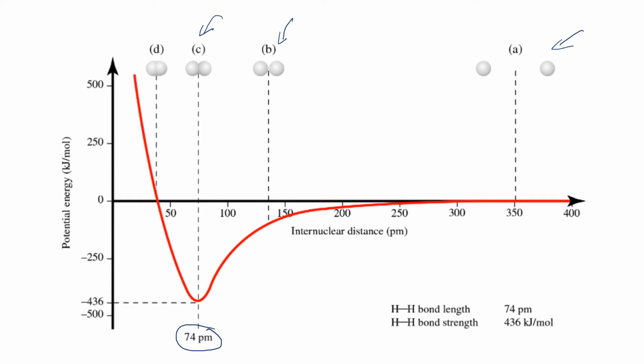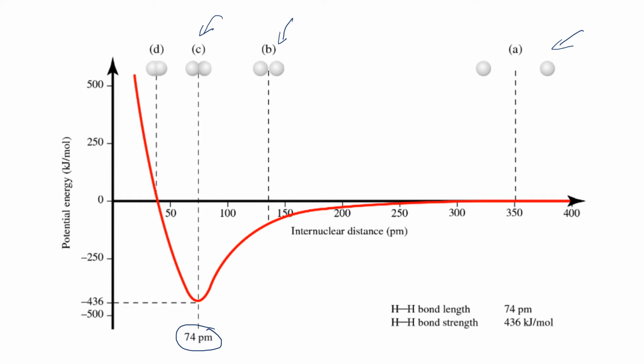It is showing how far apart those two atoms are at this minimum, and the atoms are close enough that their electron clouds or their orbitals are overlapping just a little bit.